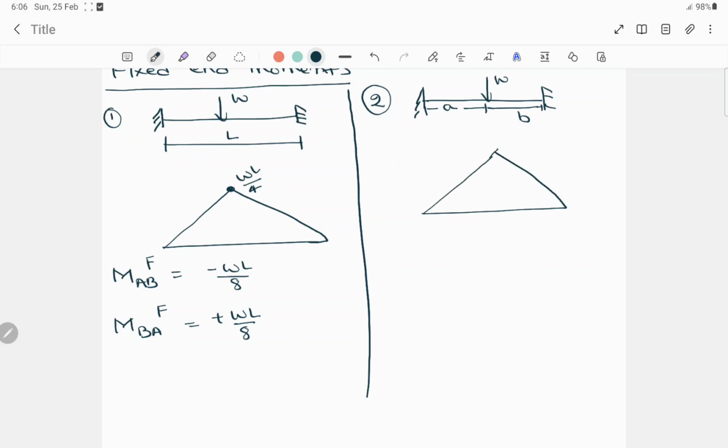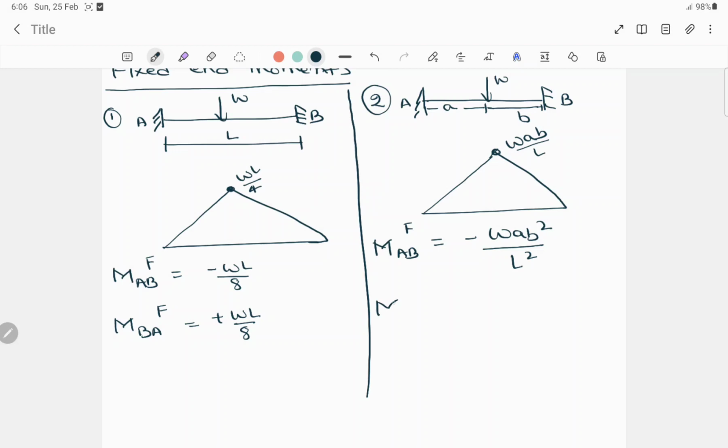So here the maximum bending moment will be WAB by L. Now for this type of case, to find the fixed end moment from A to B, the formula will be minus WAB square divided by L square. L is the total length.